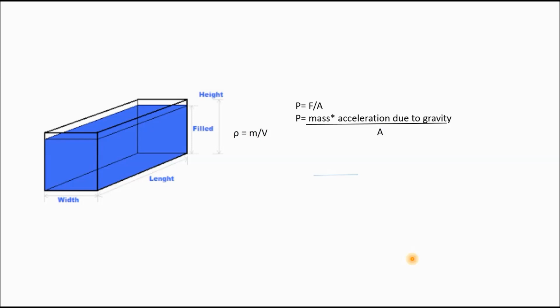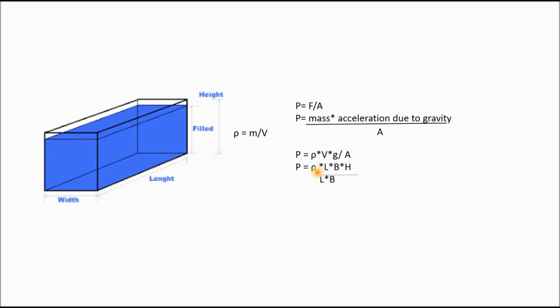So we already calculated this. Now the tank will be filled with water. Then you have to consider rho is equal to m by v. Then calculate P is equal to F by A, P is mass into acceleration divided by A. And what is the mass? Mass is nothing but rho into V. Then acceleration due to gravity g, divided by the area.